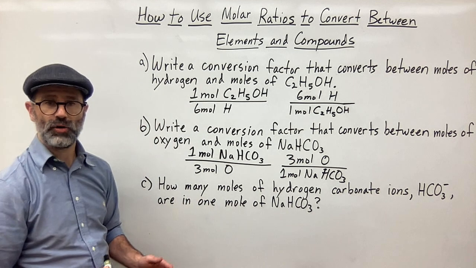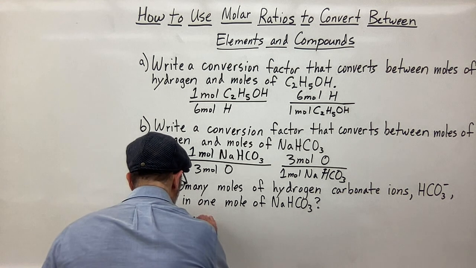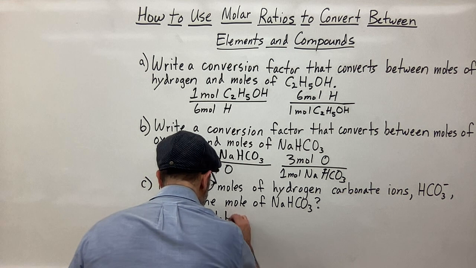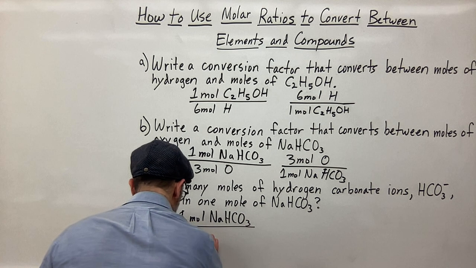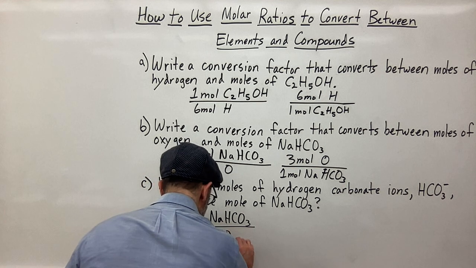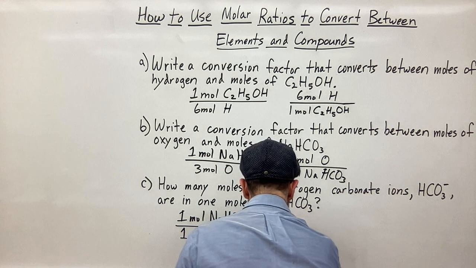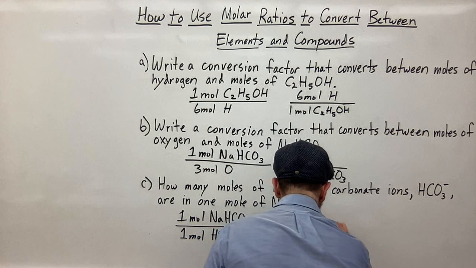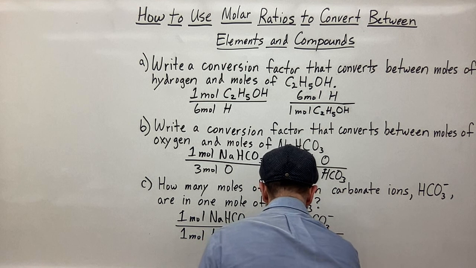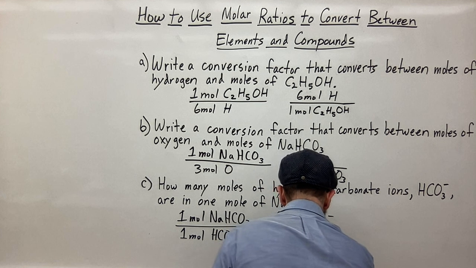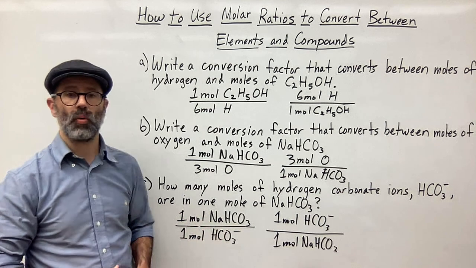So it's a 1-to-1 ratio. So the conversion factors are either 1 mole of the NaHCO3 to 1 mole of the HCO3 minus ion, or you can flip it. So 1 mole of the hydrogen carbonate ion on the top over 1 mole of the sodium hydrogen carbonate on the bottom. So it's 1 mole to 1 mole.